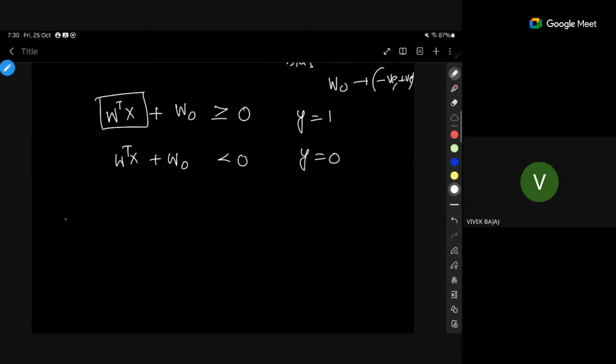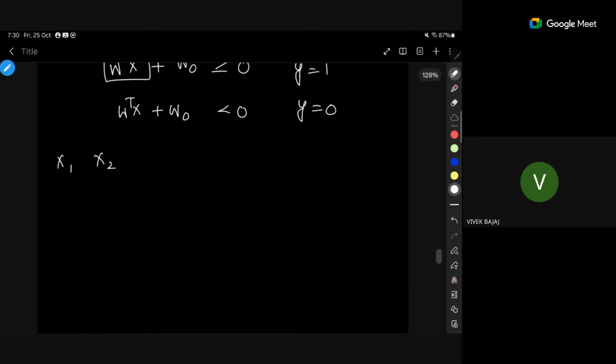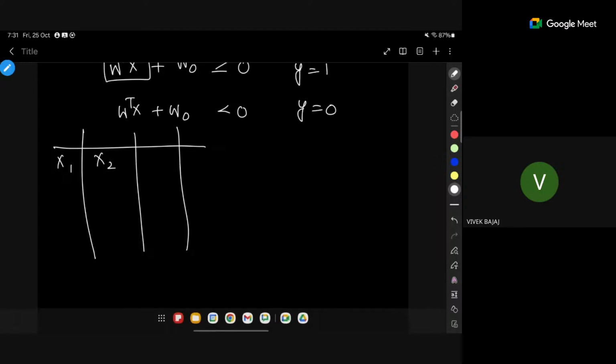So let's take an example in this. Again, let's say I have two inputs, x1 and x2, and what we can do in this is, can we make an AND function?